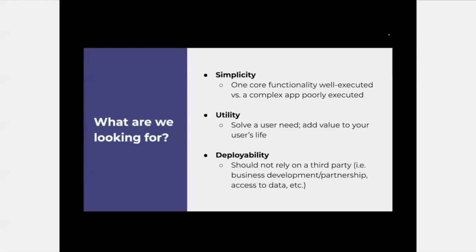All right. The third thing that we're looking for is deployability, meaning whatever you're building, you should be able to deploy it and independently launch it on Pi by the end of the hackathon.